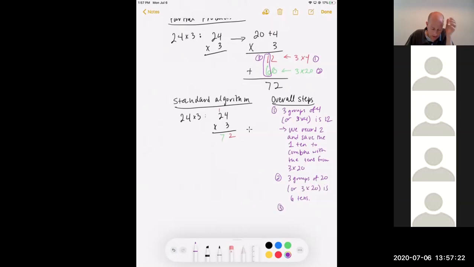Number 3 is when we combine our tens together. We combine the 1 ten from 12 and the 6 tens from the 60, to give 7 tens.